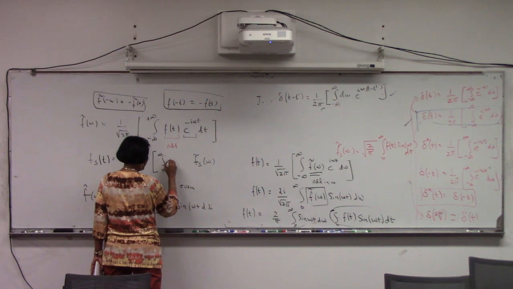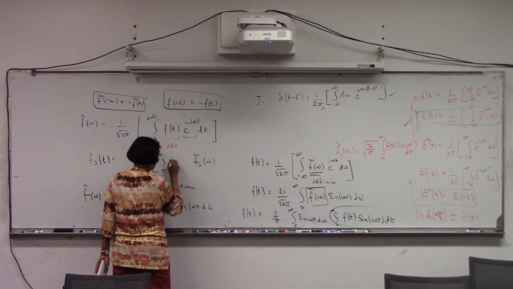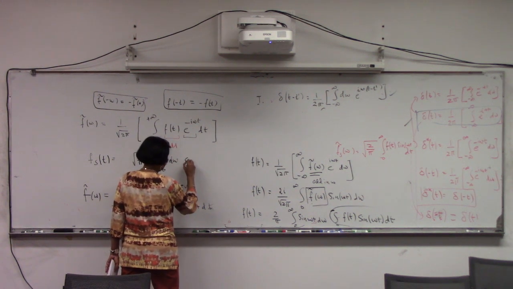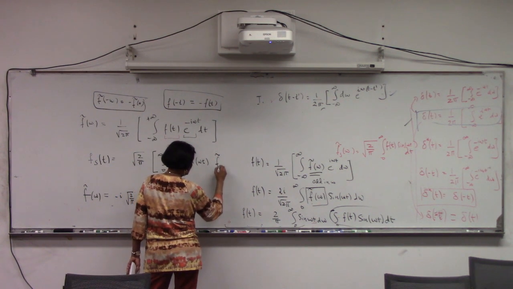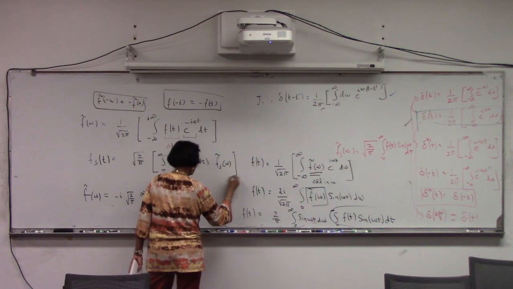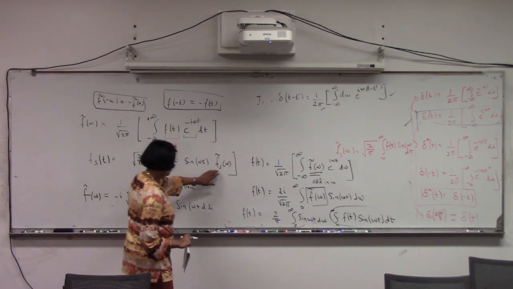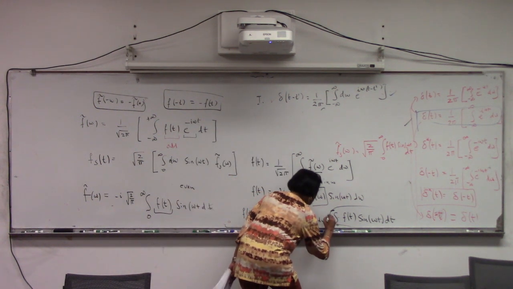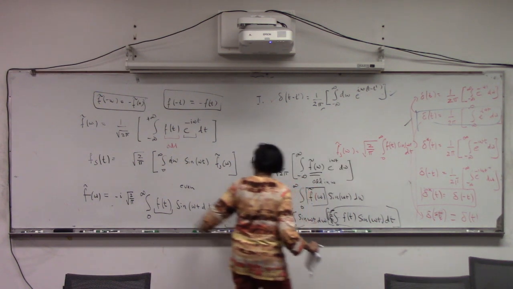So this is the quantity where I distribute this equally, the square root of 2 over pi, and call this the Fourier sine transform.